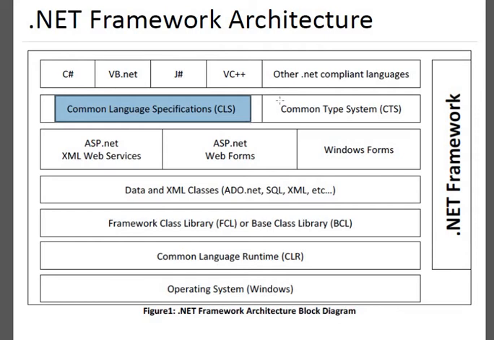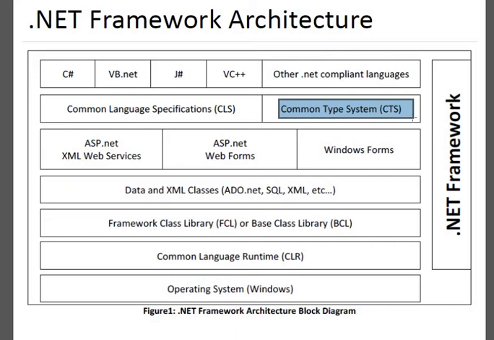And the last important point is common type system, CTS. The language interoperability and .NET class framework are not possible without all the languages sharing the same data types. CTS is the mechanism by which code written in one programming language can talk to code written in a different programming language.